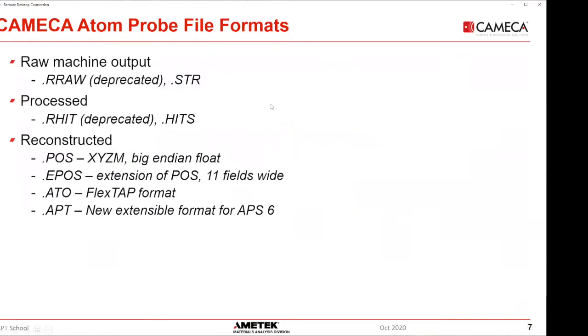So I wanted to talk a little bit about file formats, because that's the beginning of what you do when you're doing atom probe data analysis, especially when you're not using our tools. You may be familiar with our older formats, RRAW and RHIT. Those we actually don't use anymore. We've now migrated to STR and HITS files, which can be written much faster and take a lot less CPU power.